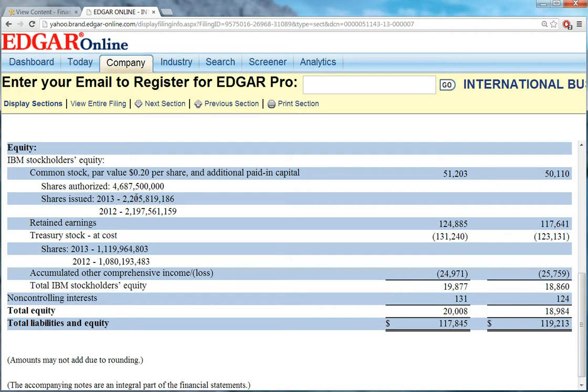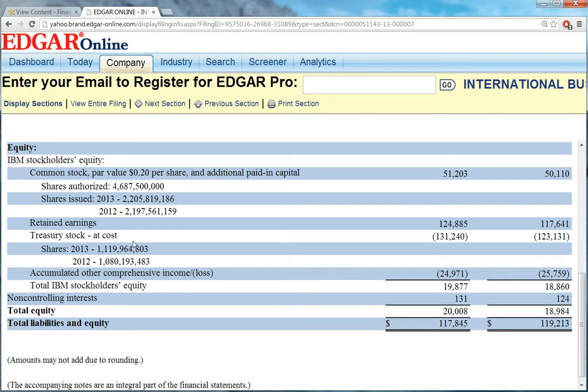However, it has also, over time, been going into the market and repurchasing its own shares of stock. In fact, it has repurchased 1,120 million shares. In other words, out of the 2.2 billion shares that have been issued, only about half of that is actually outstanding. So we have to be careful.